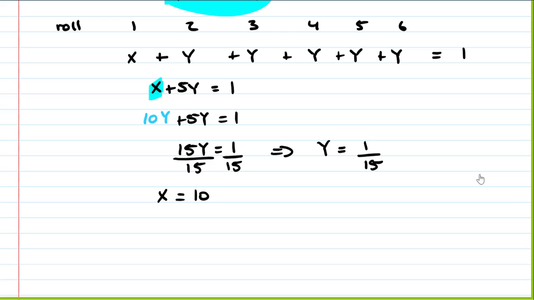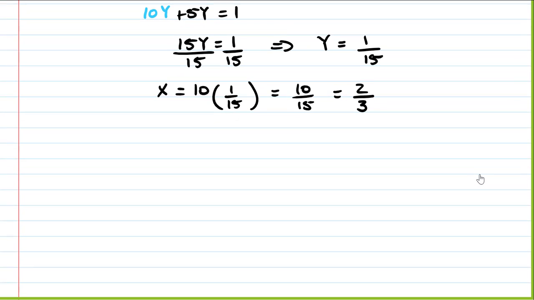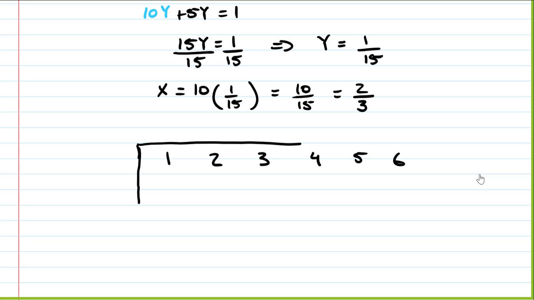Then x is 10 times 1 over 15, which is 10/15, and that would reduce to 2/3. So then our probability distribution would look like this. We have 1, 2, 3, 4, 5, and 6.